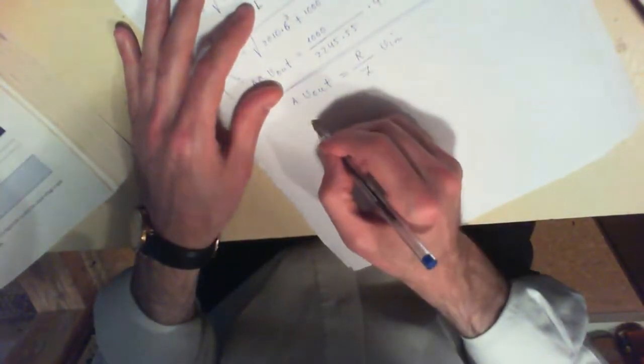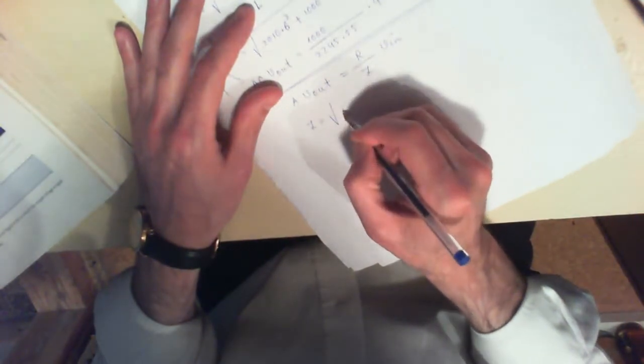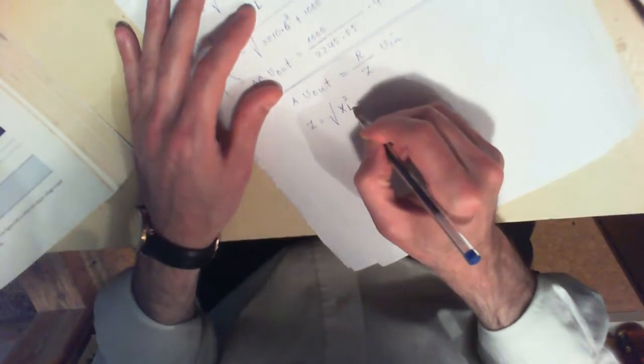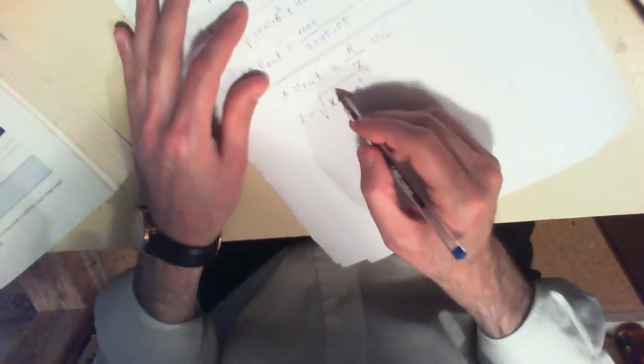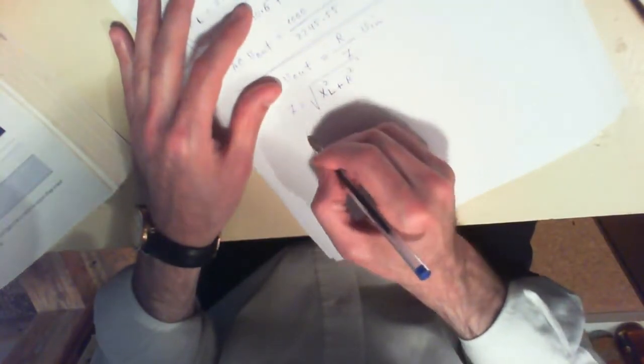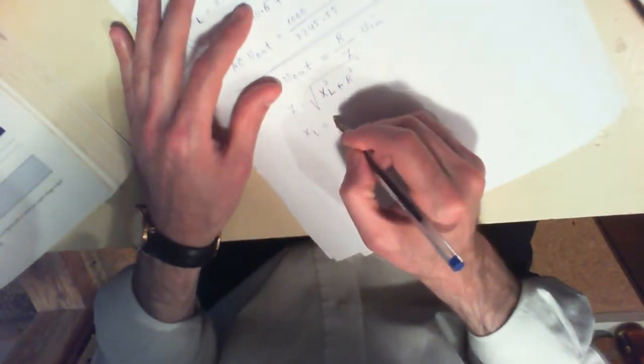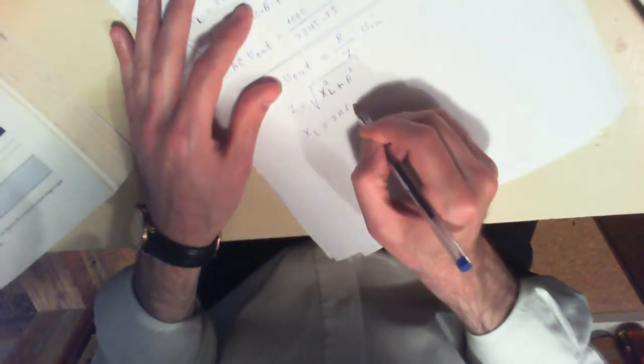And Z was equal to basically the square root of X of L squared plus R squared. Okay. Now X of L was equal to 2 pi FL.